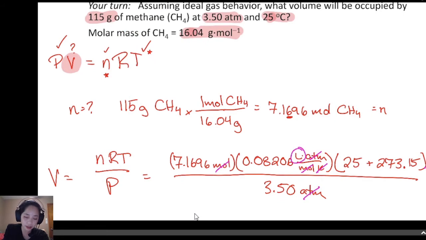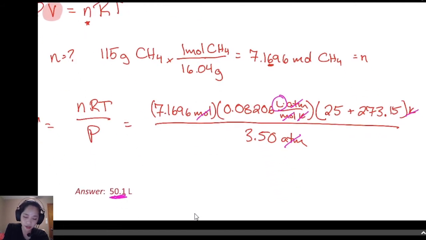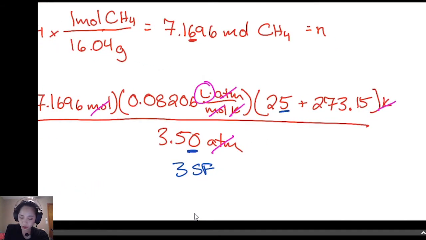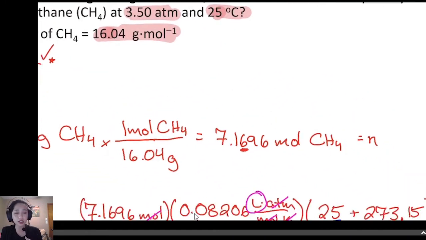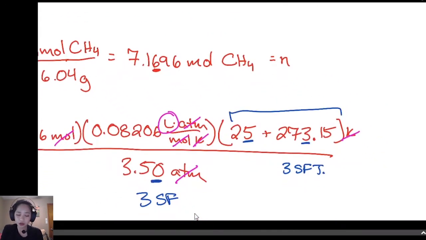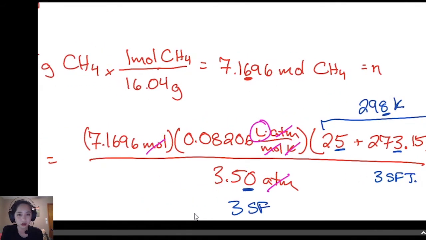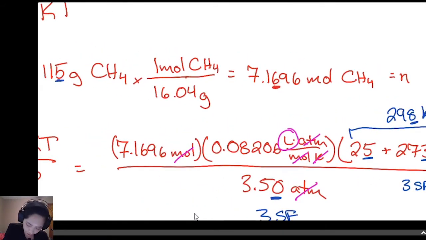We are limited by the 3 sig figs in our pressure, and also 3 sig figs in our temperature. Although it gives us 25, because we converted it to Kelvin, this is actually 298 Kelvin with 3 sig figs there. Oh, and I think everything has 3 sig figs. Okay, great.